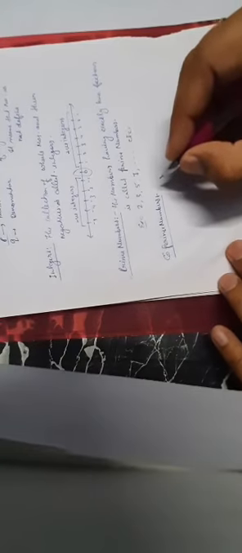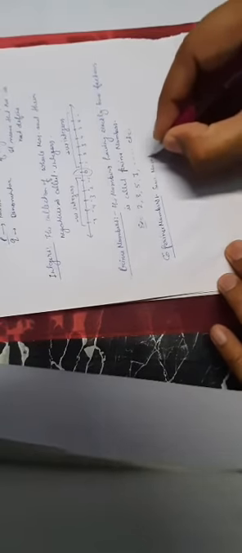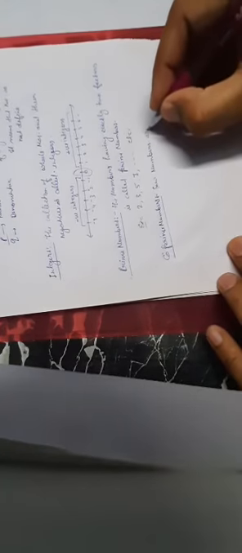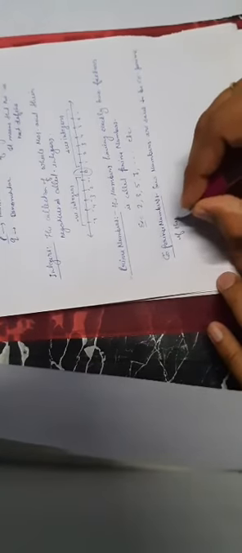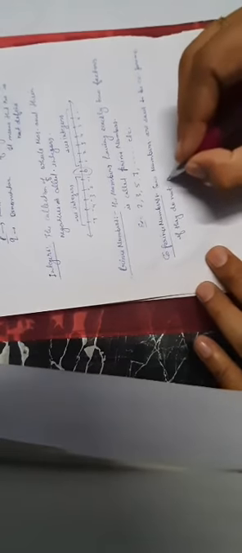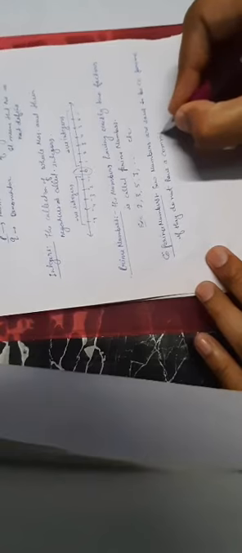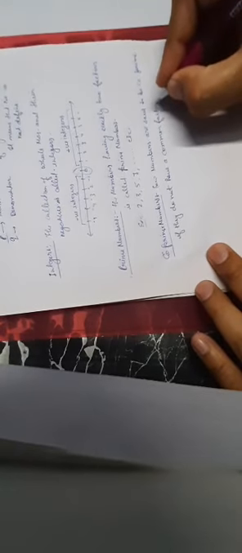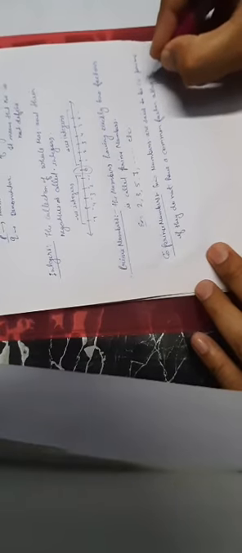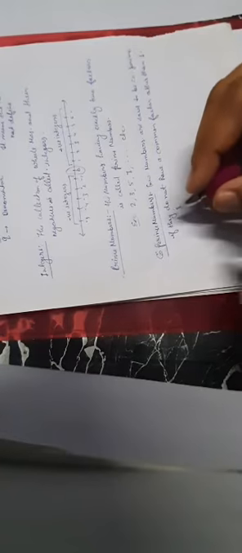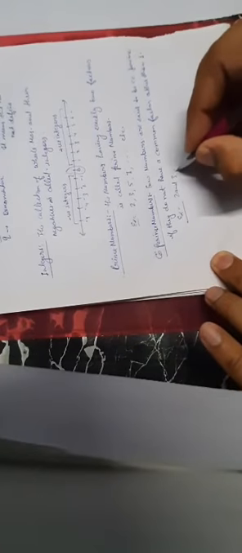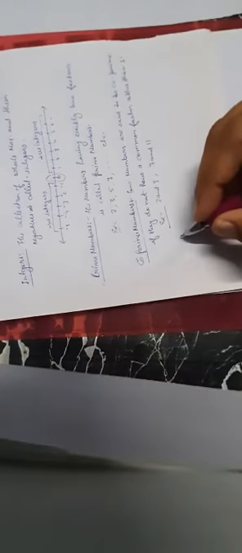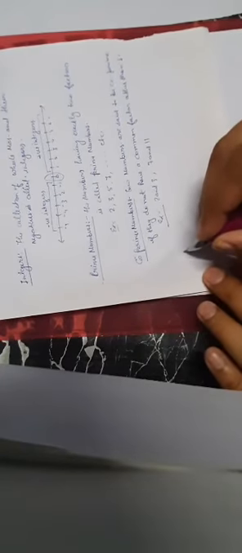So we write the definition: two numbers are said to be co-prime if they do not have any common factor other than 1. For examples, 2 and 3, 7 and 11.